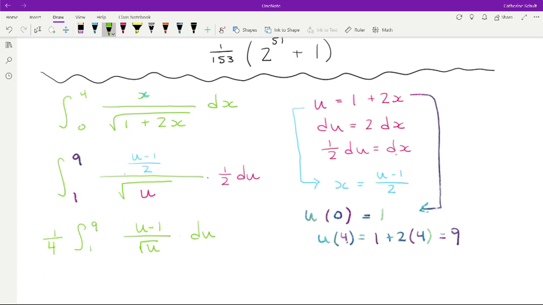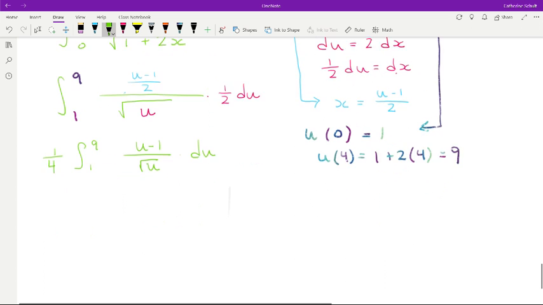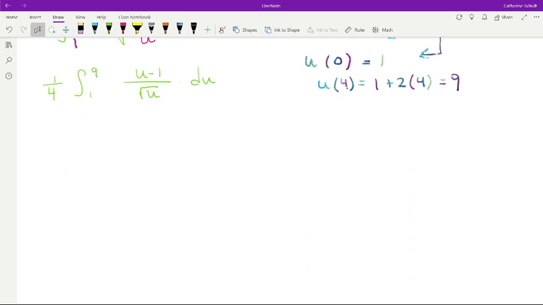Okay, so we're almost ready to go. In this case, this doesn't look like any derivative that I can think of. So we had a technique when you have a numerator and it's just divided by a single term in the denominator. Let's break up that fraction.